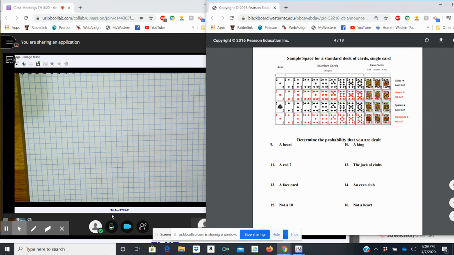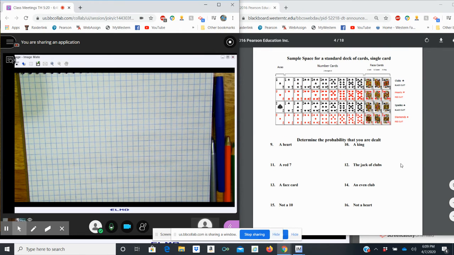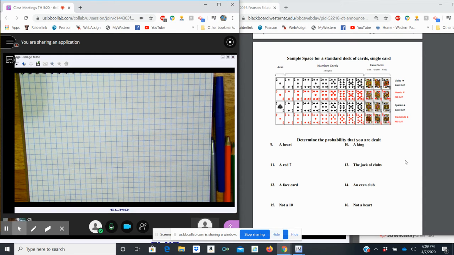All right, now, what does sometimes come into play is a deck of cards. I don't know how many of you are familiar with a standard deck of cards. There is a graphic that I am perfectly fine with you using.